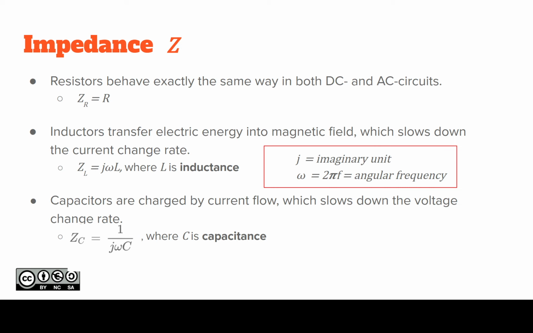Capacitor, the opposite way around. If I have a current flowing through the component, then the voltage follows. So it means that it has a negative delay. Mathematically, it looks like the current is advancing 90 degrees compared to the voltage change. But anyways, it's just about the type. So plus 90 degrees and minus 90 degrees phase angle changes.